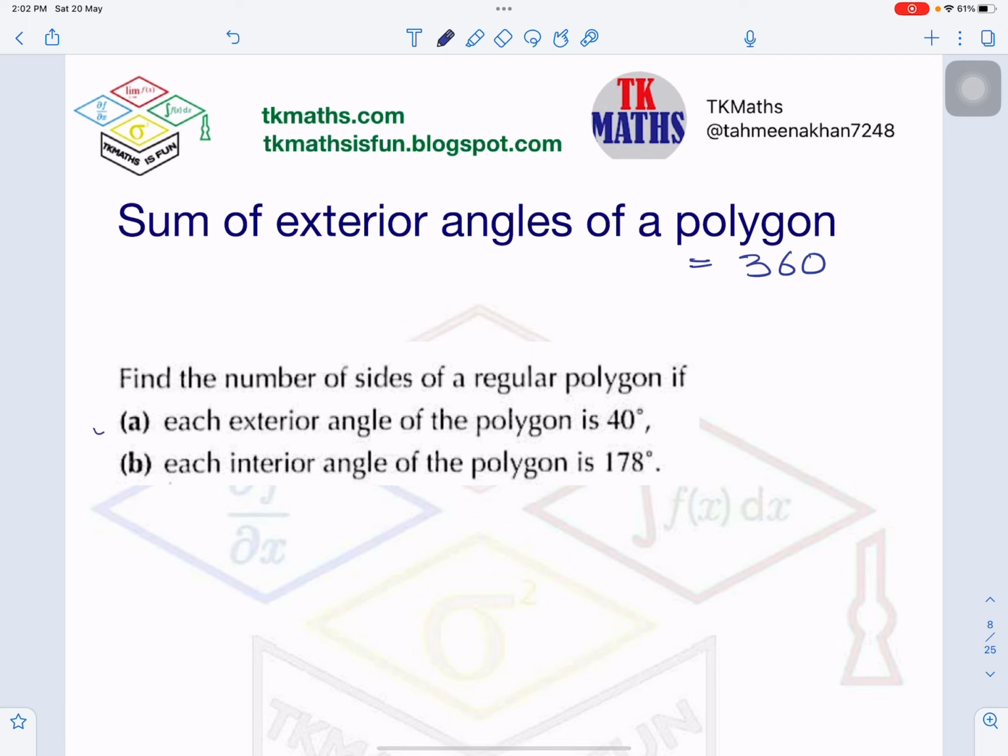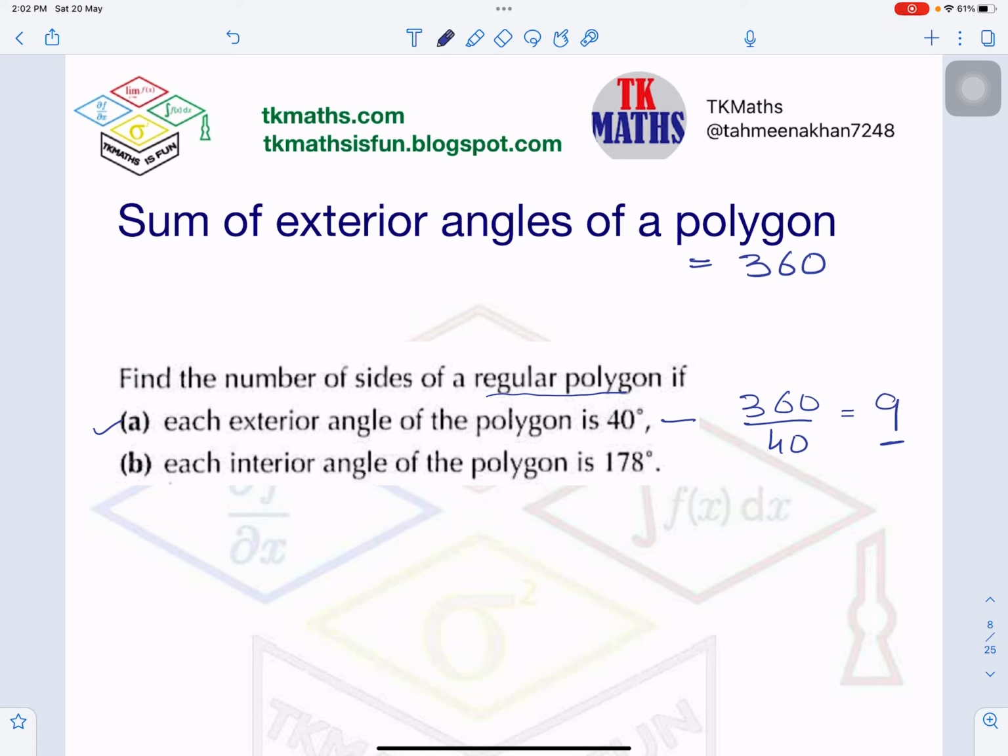Now, if the exterior angle is given to you, and it is a regular polygon, simply divide the sum of the angles by one exterior angle, right? What did I do? I divided the sum of the exterior angles by one exterior angle. So I will get the number of sides. So there are 9 sides.